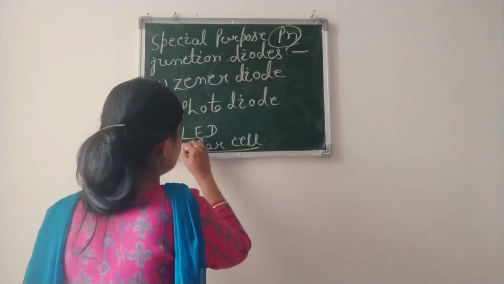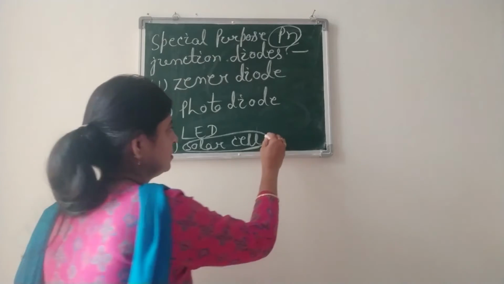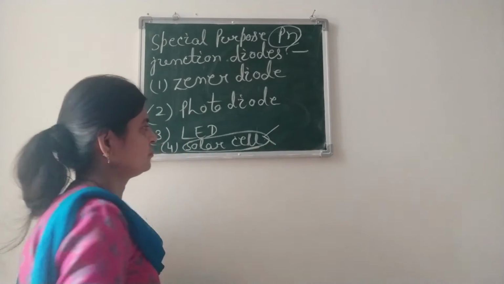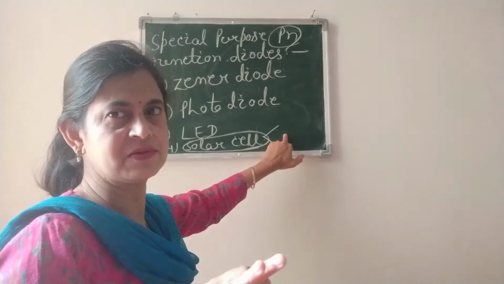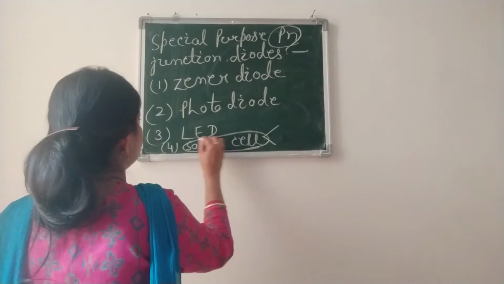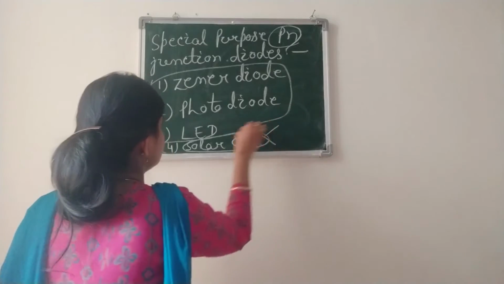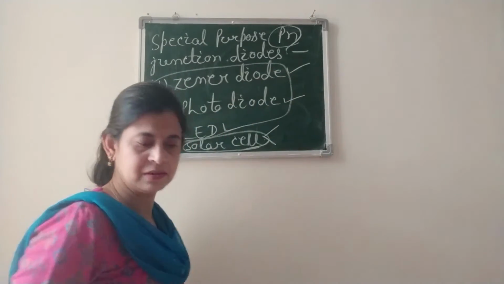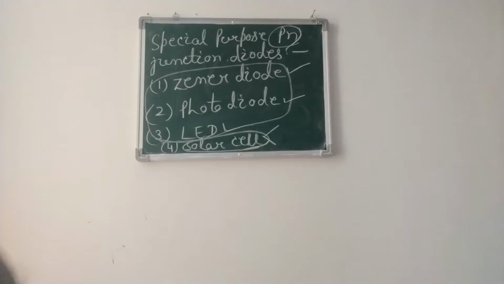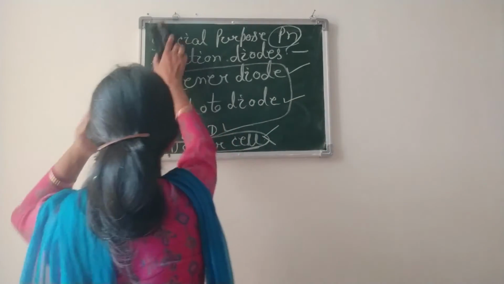Already you must know about solar cells, which convert solar energy into electrical energy, and their different applications. So the main important topics are Zener diode, photodiode and LED. First of all, we will discuss the Zener diode.